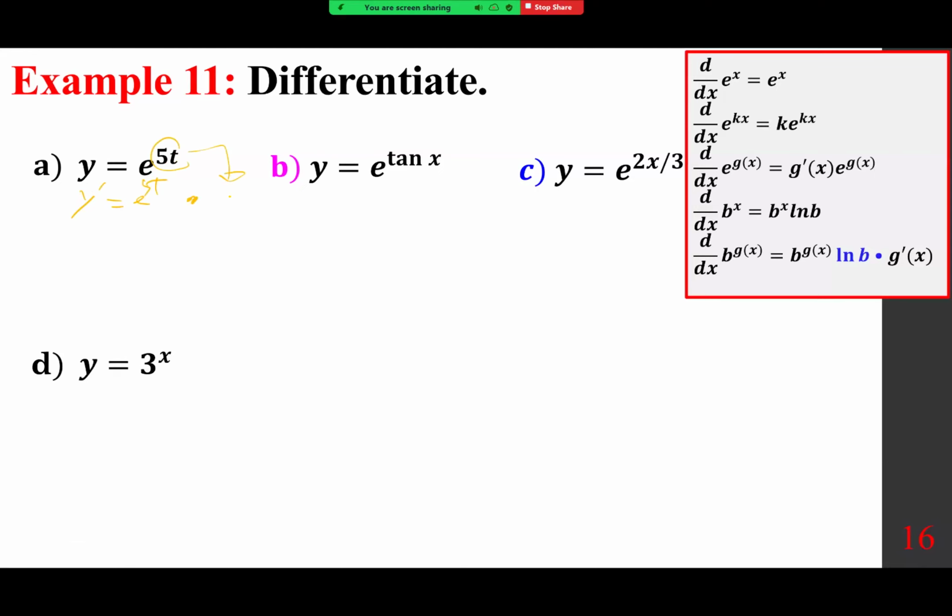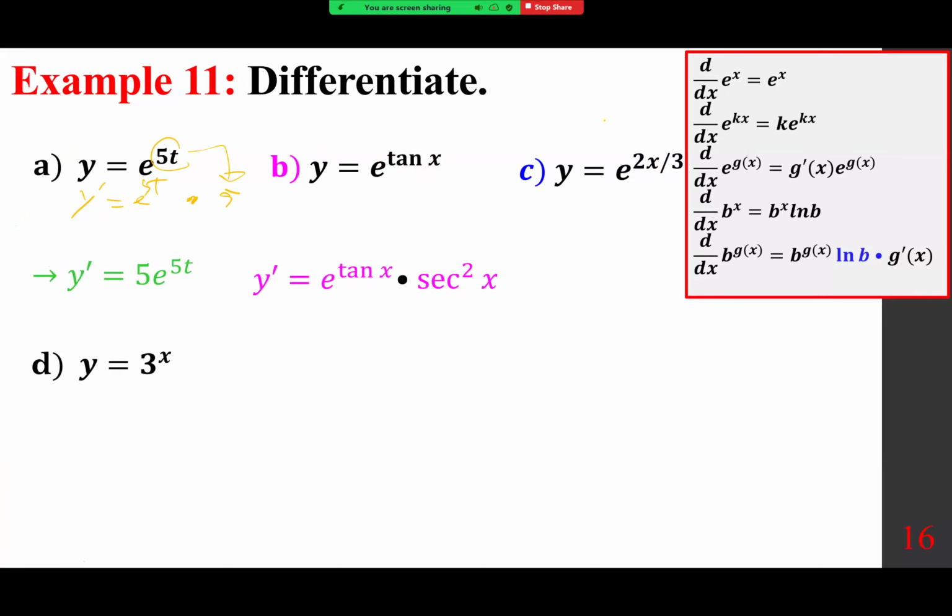By the chain rule, I need number 5. This one, the answer is itself. By the chain rule, I need the derivative of tangent, which we should know is secant squared. And we are done. Now, this one, I want to make sure that we know what's going on.